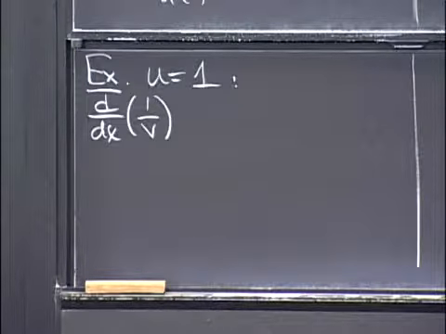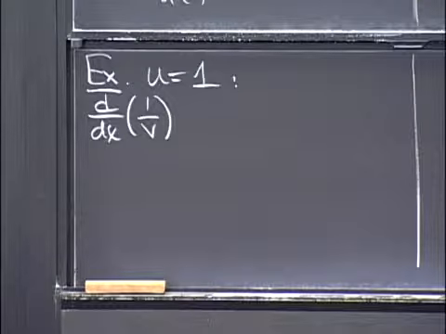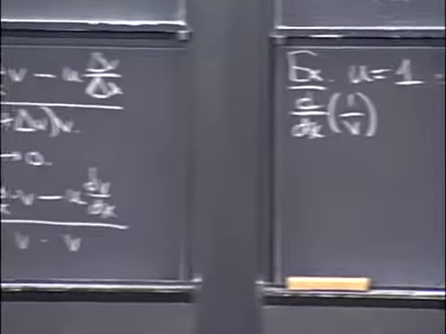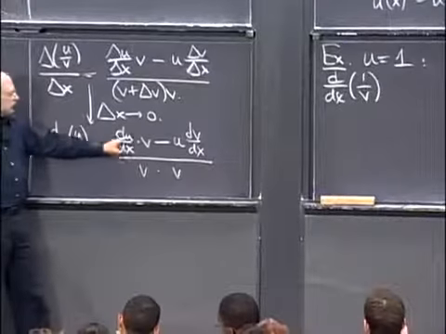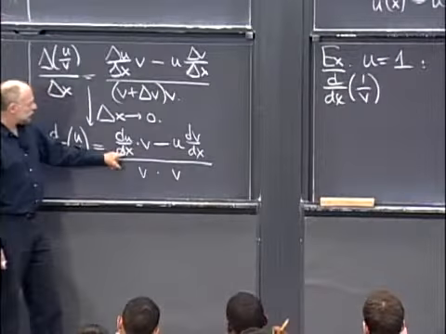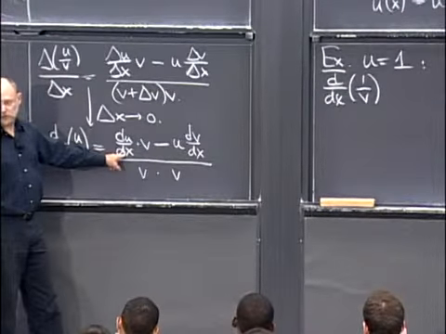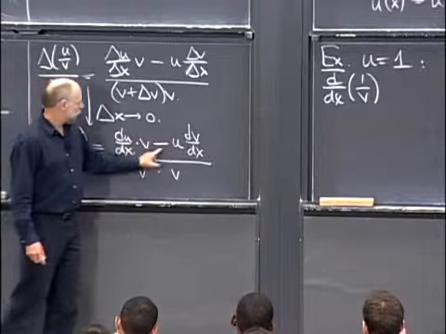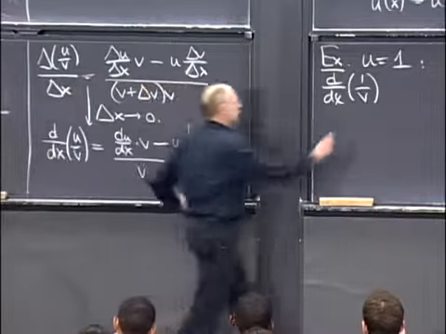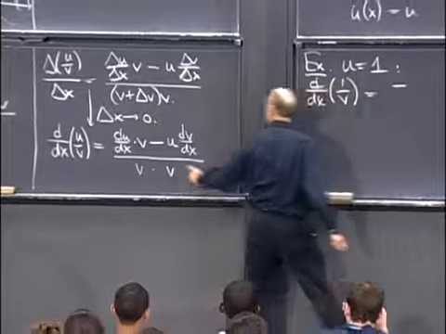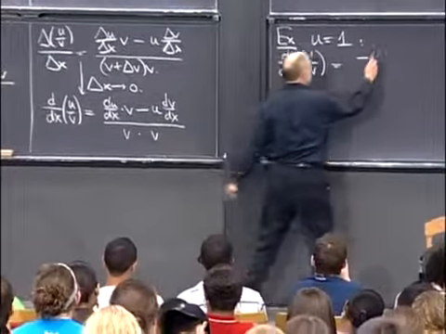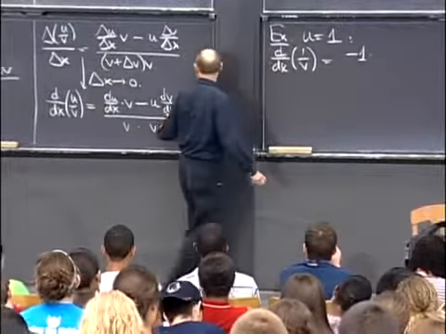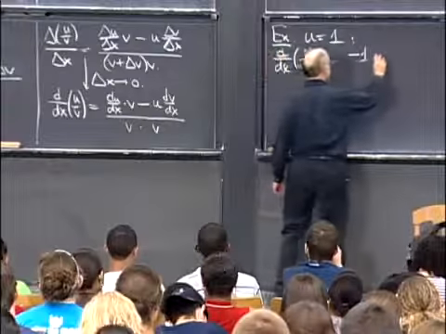Here's a copy of my rule. What's du dx in that case? U is a constant, so that term is 0 in this rule. I don't have to worry about this. I get a minus, and then U is 1, and dv dx, well, V is whatever V is.